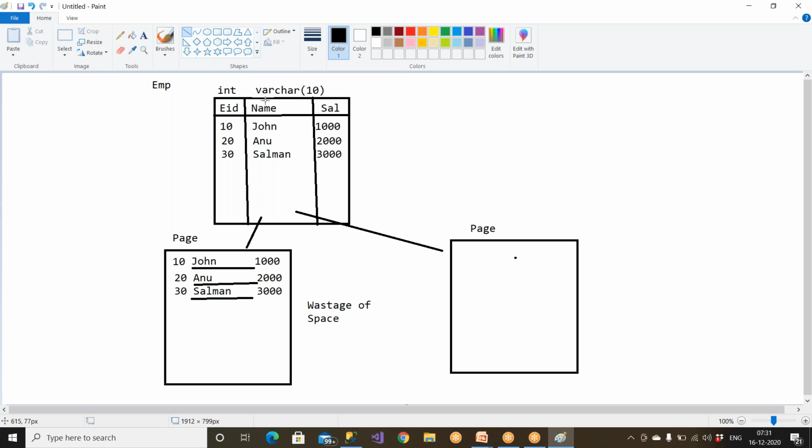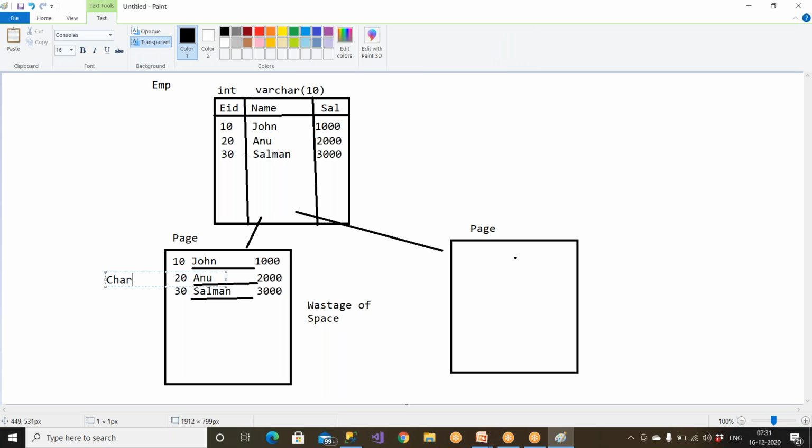Now to overcome that, we can use varchar. Character is going to behave like this, and here I'm going to talk about varchar. When you go in for varchar, it will be like this. If you store this kind of data, 10, John, then 1000, then 20, Anu, then 2000, then 30, Salman, 3000.